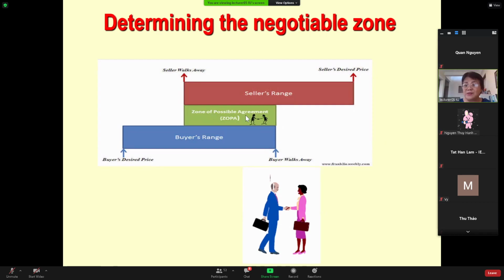This is the room for you to show your competency, your company. You see, it's interesting? The seller also does negotiation. The buyer also does negotiation, and how you can reach the agreement in between. This defines the negotiation zone, but how you define it is another matter.